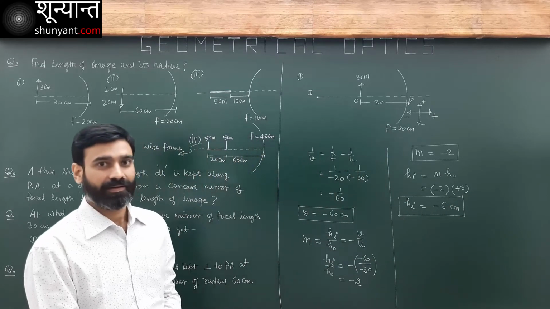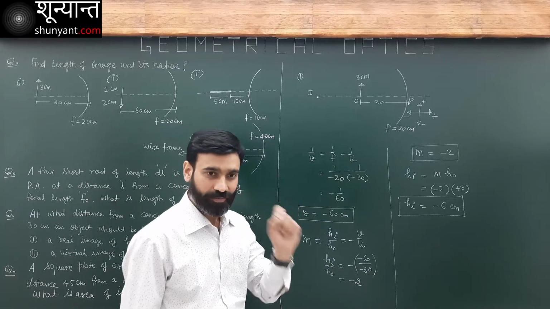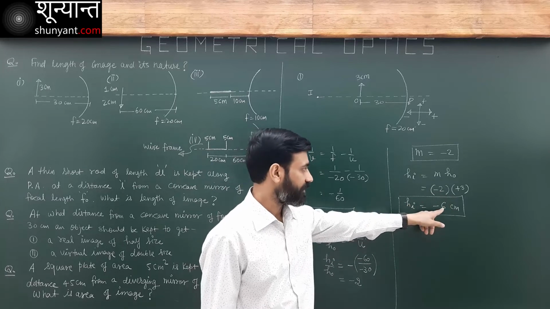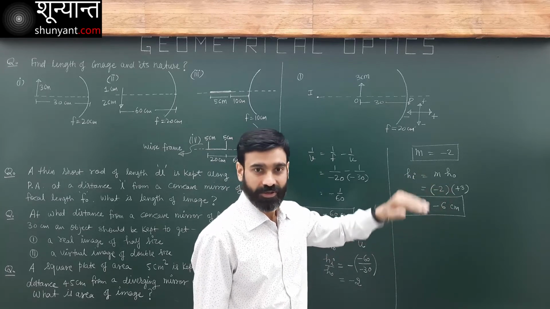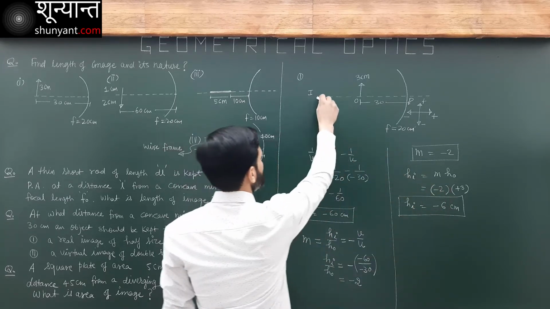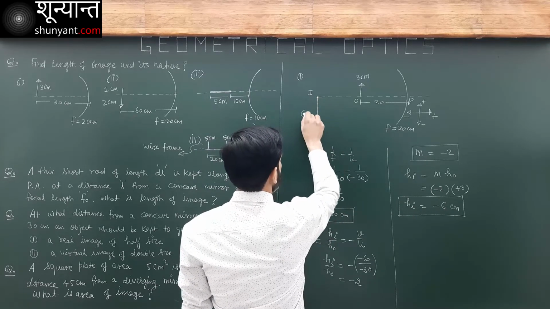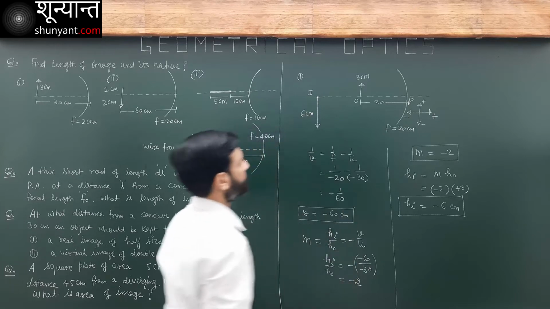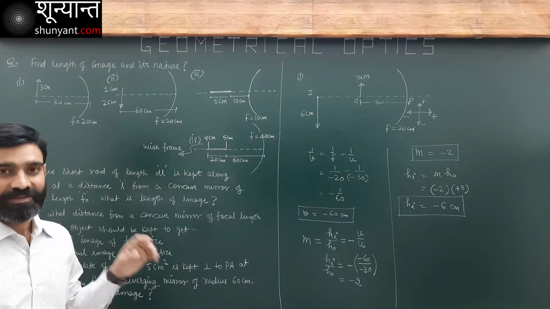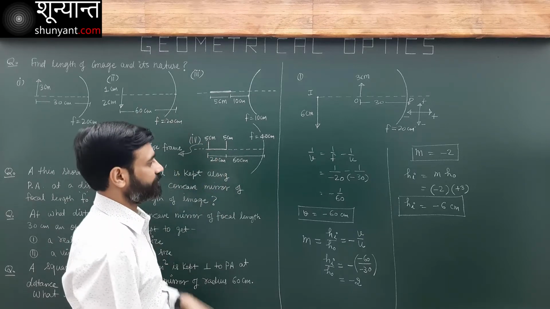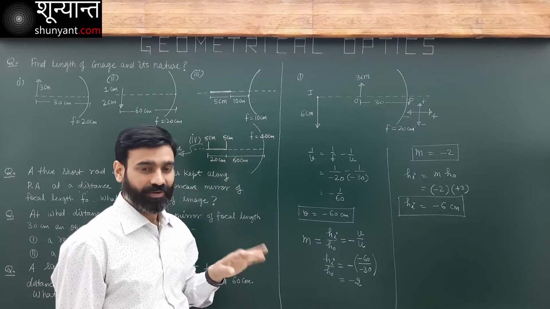That means the height of the image will be 6 centimeter, and it will be below the principal axis. It will be like this. This will be 6 centimeter. This is how the image will form. Now, what will be the nature of this image? Is it real or virtual?